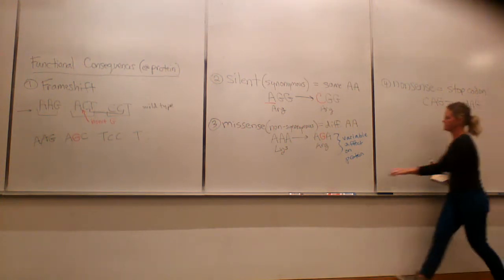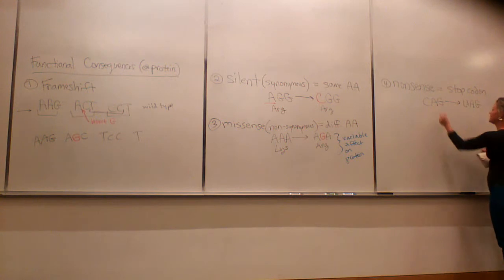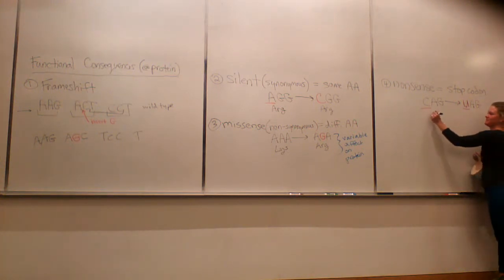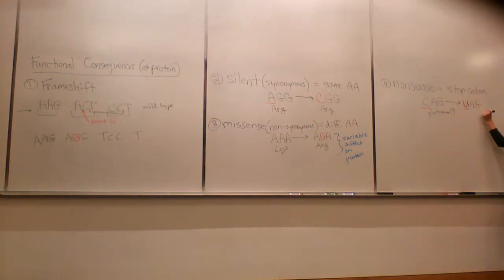Let's say you change this front C to a U. Now all of a sudden you have your amber stop codon here at the end where you started out with glutamine, something like that. Might be. Might have to check another one. To amber stop.